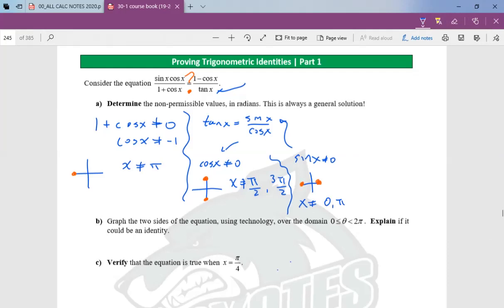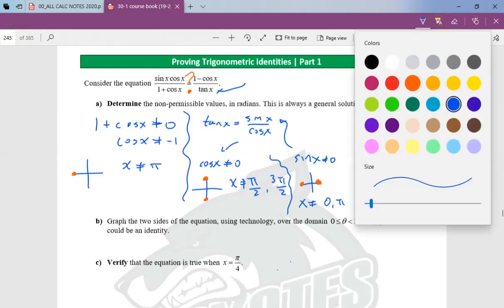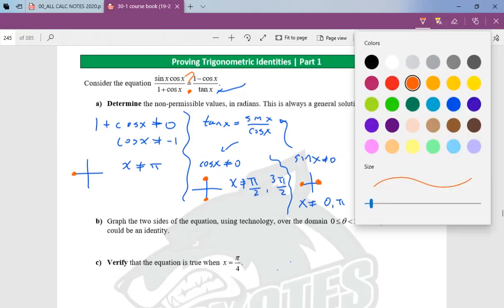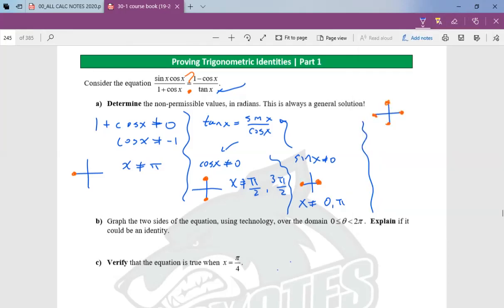When we put all of that together as a general solution, this third one that we just did with sine x kind of covers the first one that said 1 plus cos x can't equal 0. Altogether, when we look at all four of those, our angle can't be any of these, nor can it be anything that's coterminal with those, and so therefore x cannot equal, instead of writing 0 plus n pi over 2, we don't need the 0 on here.